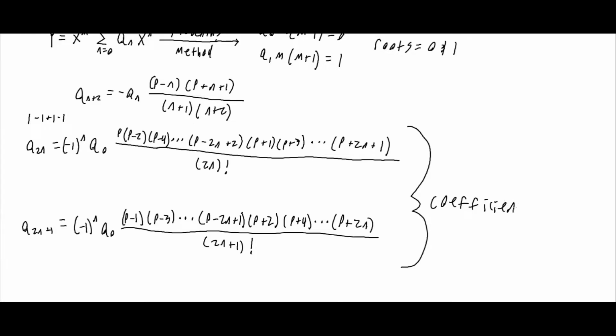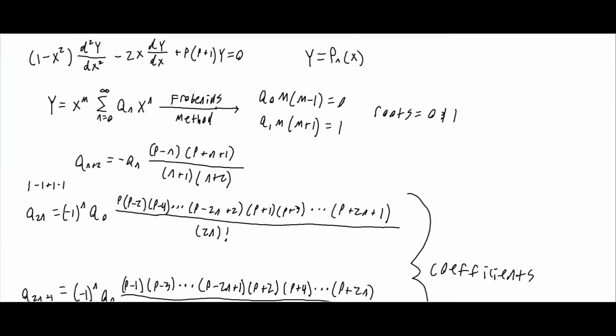So these here are just the ways that we get the coefficients for our power series, the general form of the power series that we started with. We said that our solution is going to look something like this, and we're just finding these a_n's here.